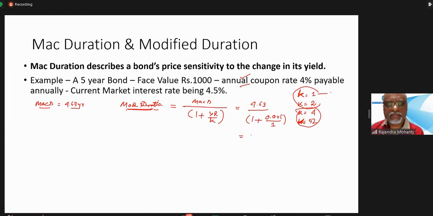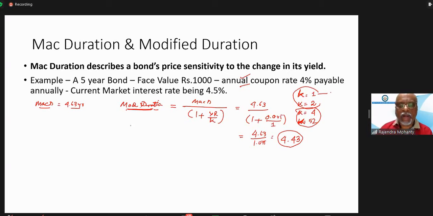So what is the modified duration for this? 4.63 divided by 1.045. So how much is it? 4.43. So this is not years, this is simply a number.